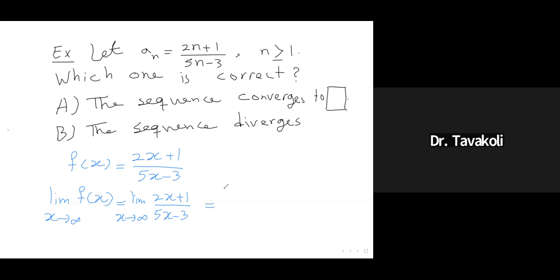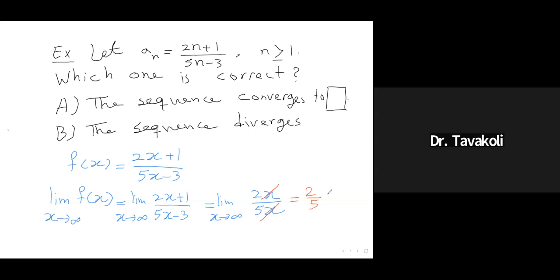So from the top, I can just keep 2x, the term with the highest power, and from the bottom, I keep 5x. I hope you remember this from Calc 1 when you discuss limits. Now here it's easy. The x's cancel out, and the result is 2/5.